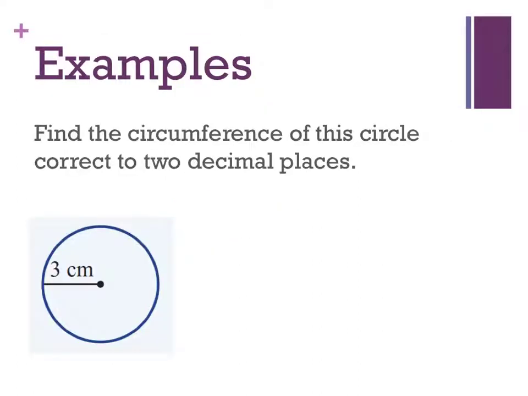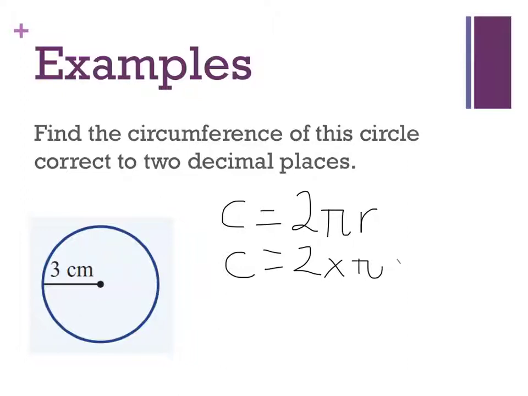So let's have a look at a first example. It says, find the circumference of this circle correct to 2 decimal places. I've been given the radius, so I'm going to go with the formula that my circumference equals 2 pi r, or 2 times pi times the radius. That's another way I can write it. So my circumference equals 2 times pi times, what's my radius? 3.